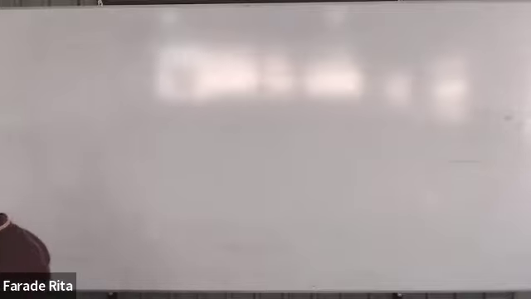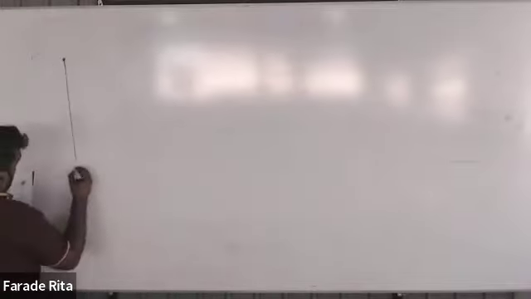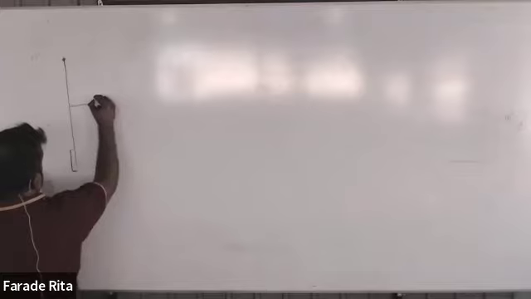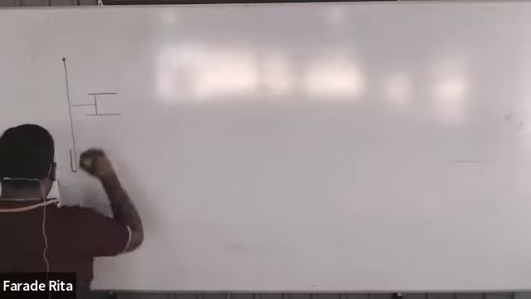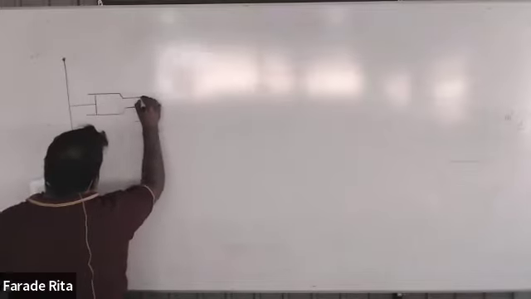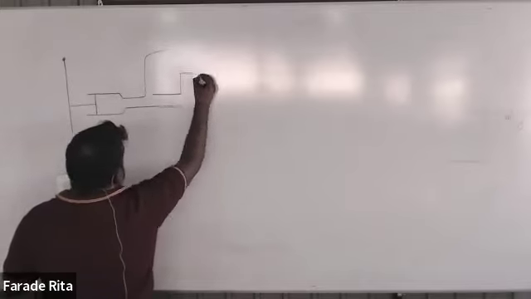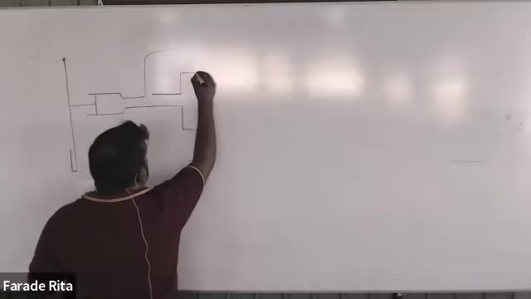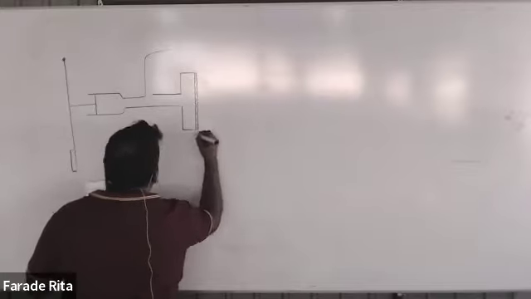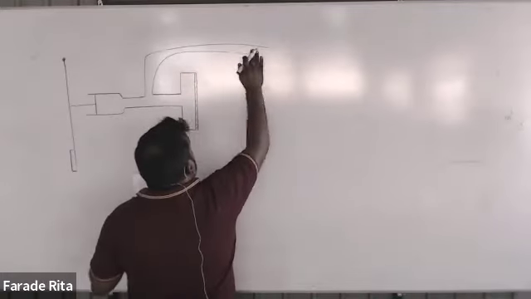A hydraulic braking system is given. Here you have a pedal. Here there is a master cylinder. Cross-section area reduces slightly. Here you have the brake pad, secondary cylinder.